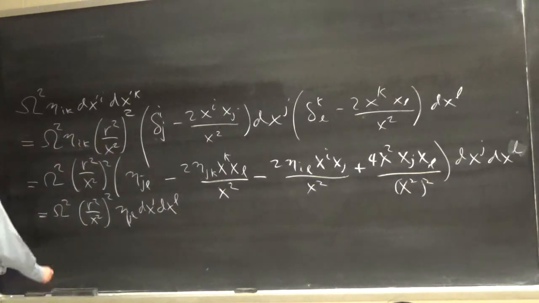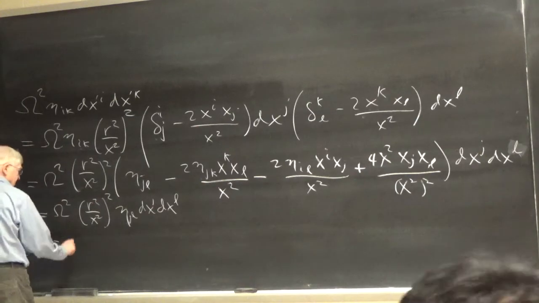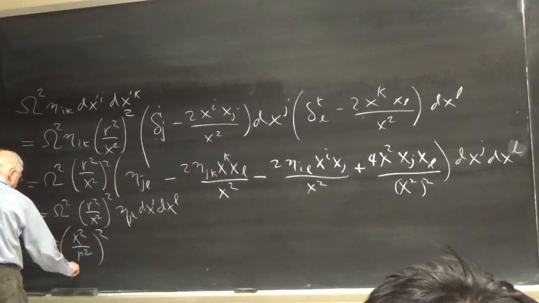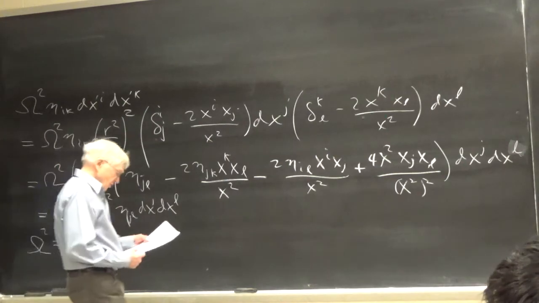So what this says is you just need to define omega squared to be x squared over r squared, squared, and that works. So an inversion is a conformal transformation.